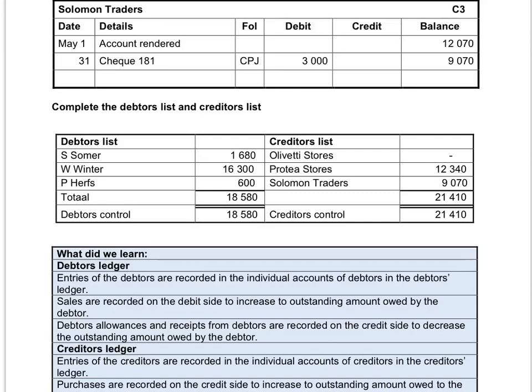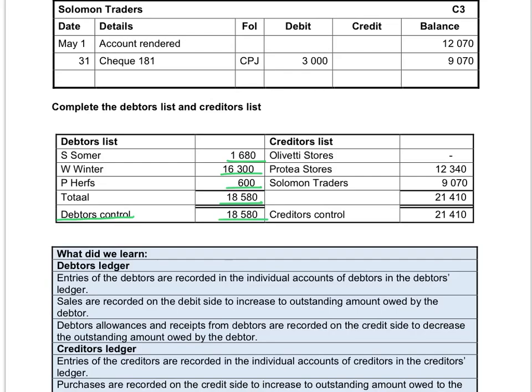In the debtors list, we will indicate what is the outstanding amounts at the end of the month, add these amounts to determine what is the total amount, and then we will compare this total amount with the balance in your debtors control account. And if we made no mistakes, these two should be exactly the same.